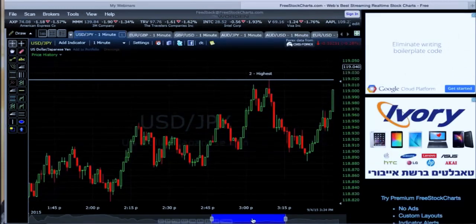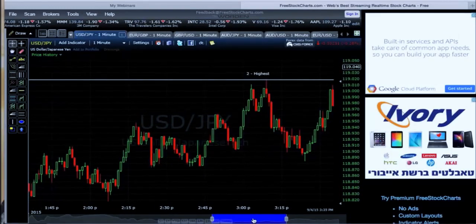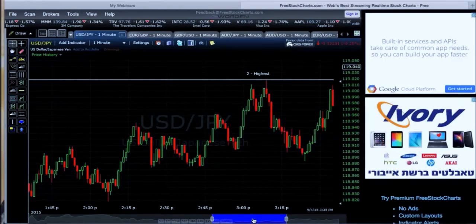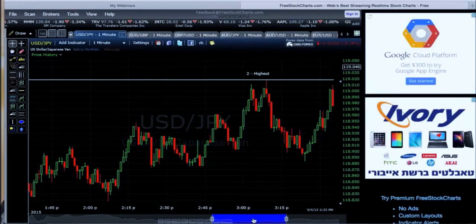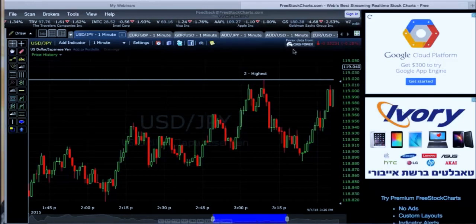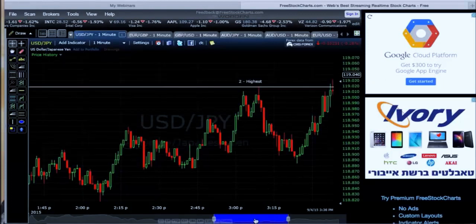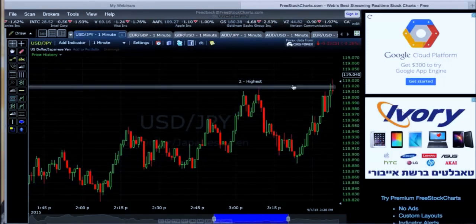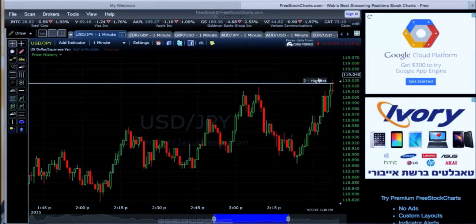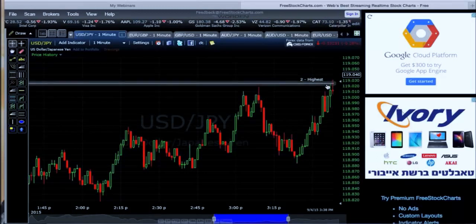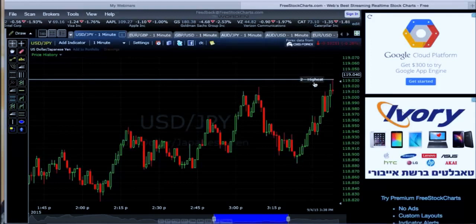If a new candle creates a new highest point of the up move, we're gonna move this line. So as you can see, I think here it created a new highest point, didn't close above it, and the following candle created a new highest point, so we keep moving this horizontal line.